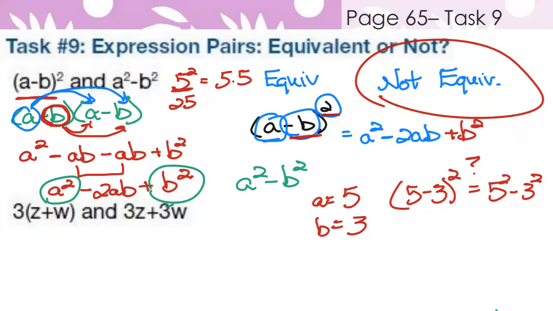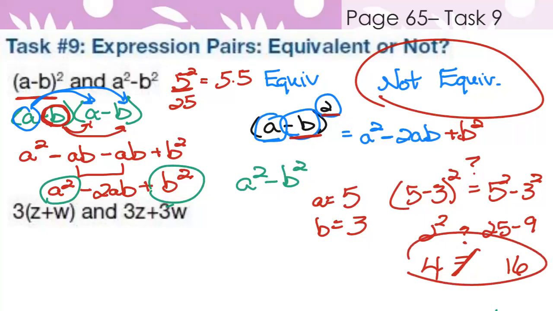No, because 5 minus 3 is 2, and 2 squared is 4. Is that the same as 25 minus 9, which is 16? No. So not equivalent. All right?